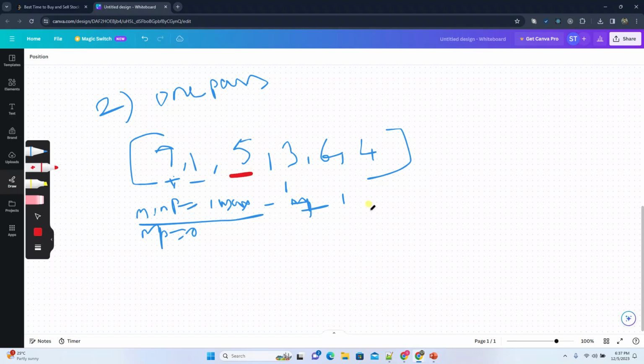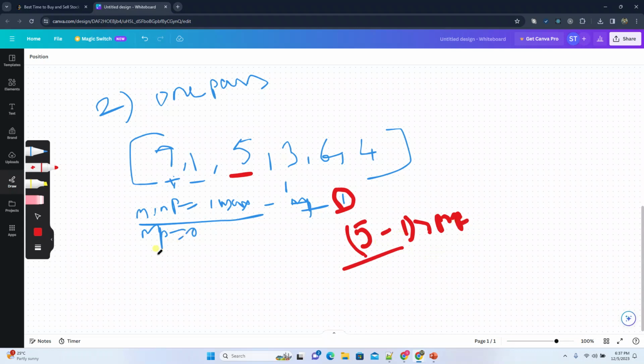Now I will move to here. Now what we will do is check if this price 5 minus the minimum price we have, 1, is greater than the maximum profit, then the maximum profit will become this value.